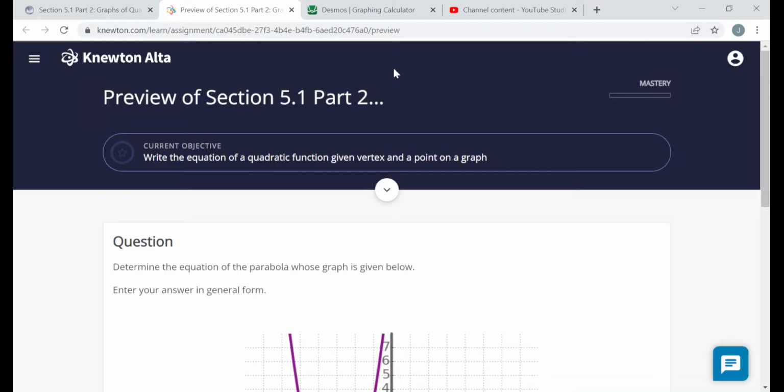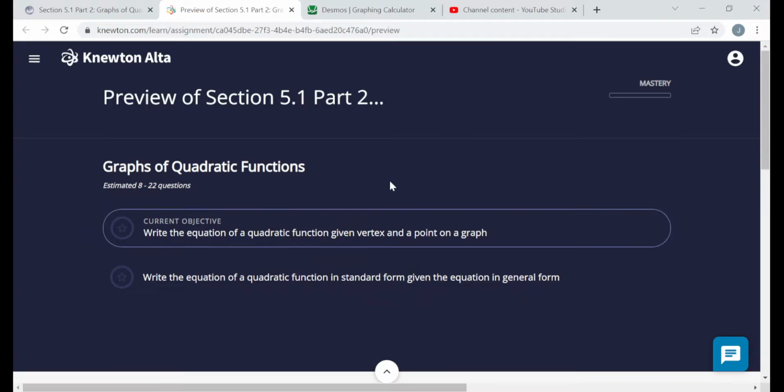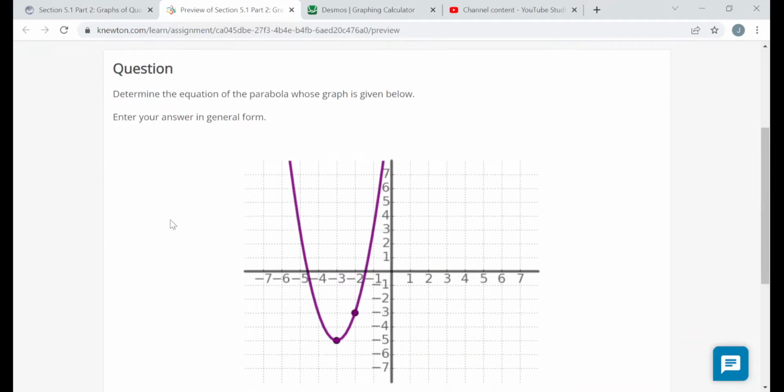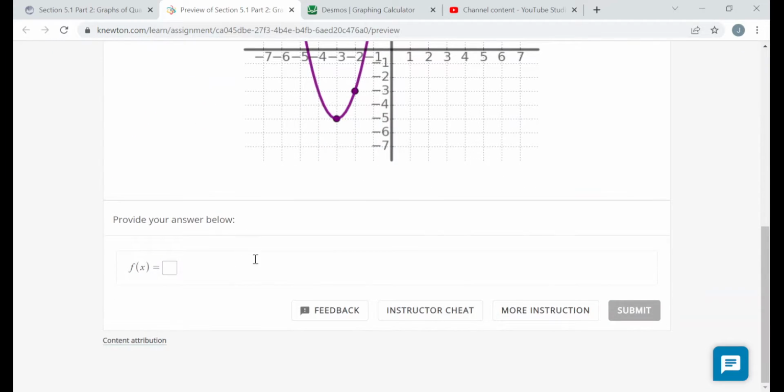Alright, so on your assignment page you have the title, the mastery bar, you can see the objectives. Looks like there are 2 objectives in this particular assignment. Under the current objective, there should be a question related to that objective. And at the bottom of every question, you should see a feedback button, which you can use to send feedback to Knewton.